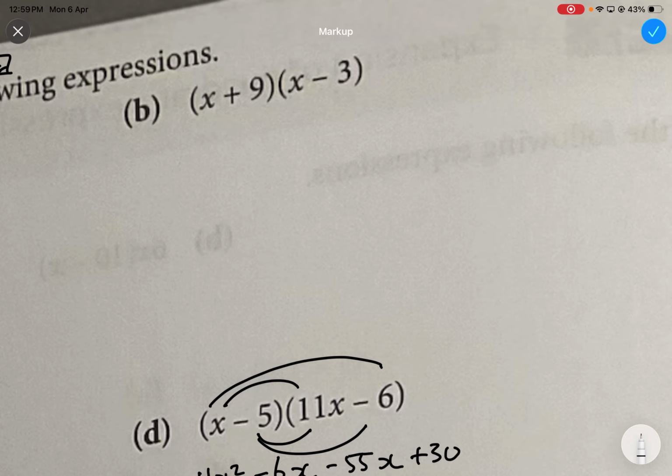Where's your calculator? Go and pick up your calculator. Don't let that stop you from doing the question. You know there's a multiplication, then press your calculator.